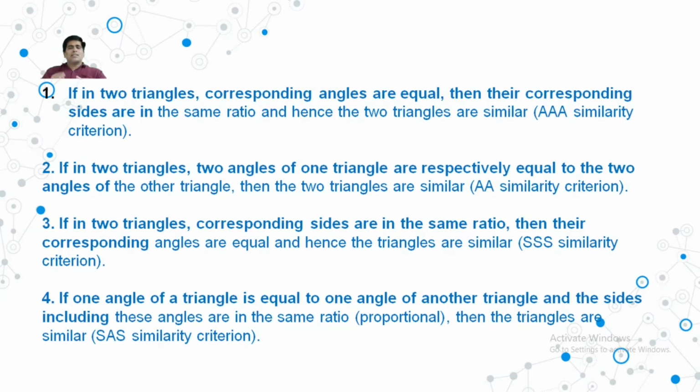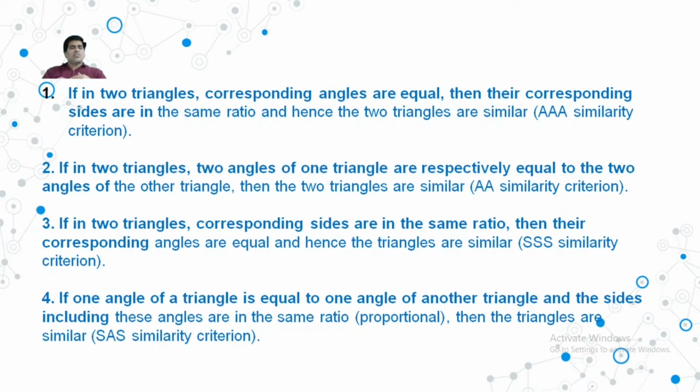Next, SSS similarity. If in 2 triangles corresponding sides are in the same ratio, then the corresponding angles are equal and hence the triangles are similar.